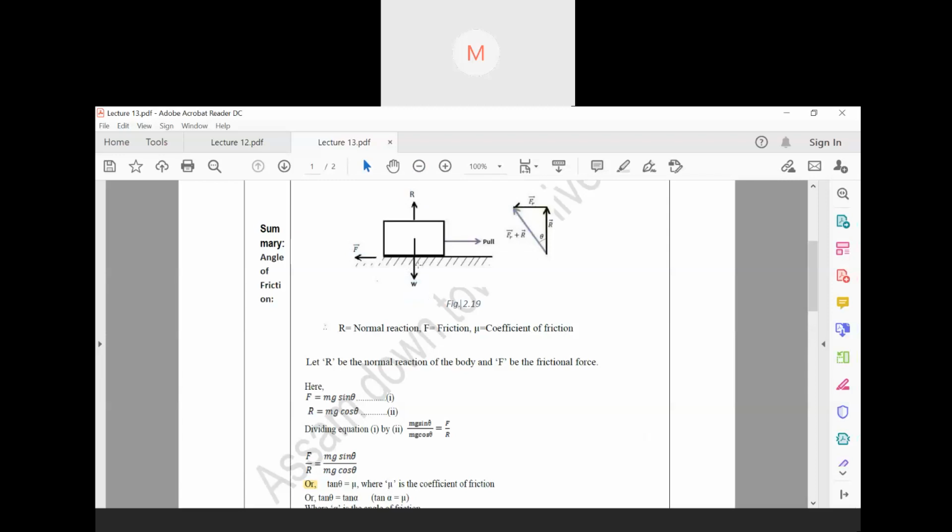This is W. This object will have some amount of mass, and g is always acting downwards, the acceleration due to gravity. So the total comes out to be mg. So you have to apply this amount of force to make the body move. So that means mg is the reaction.